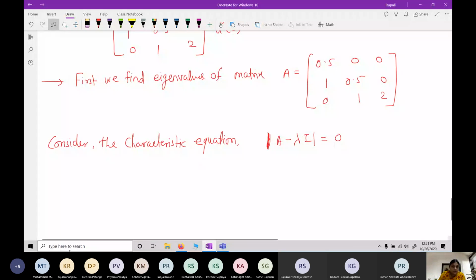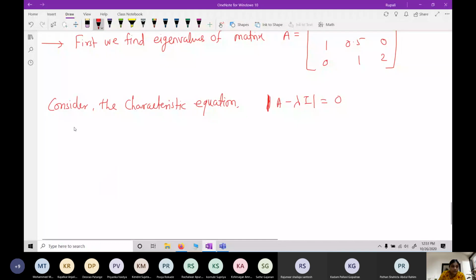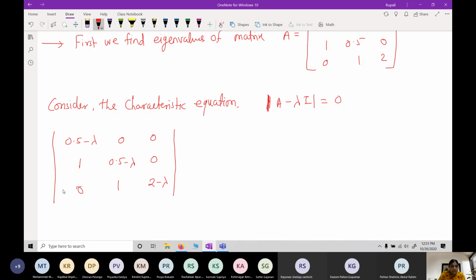It is 0.5 minus lambda 0, 0, 1, 0.5 minus lambda 0, 0, 1 and 2, 2 minus lambda, which is equal to 0. Fine.